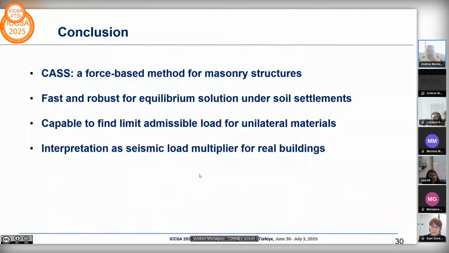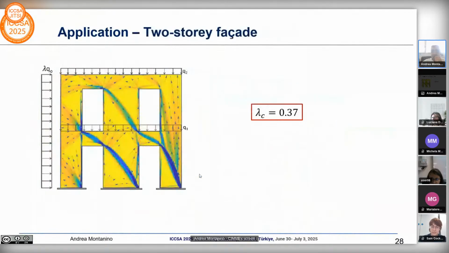Well, at the moment, there is some issue concerning the application of self-weights for structures that are not monoconvex, because you should introduce some tricks in the method to capture the behavior in the presence of holes, because the stress potential, the stress function works fine with domains without holes, but we are working on this aspect to make the method more and more general.